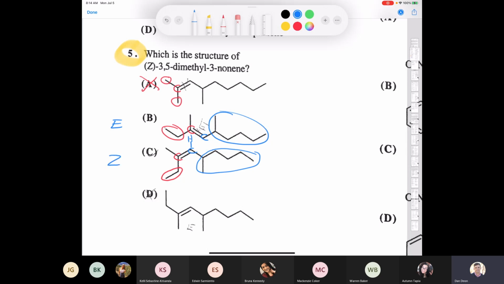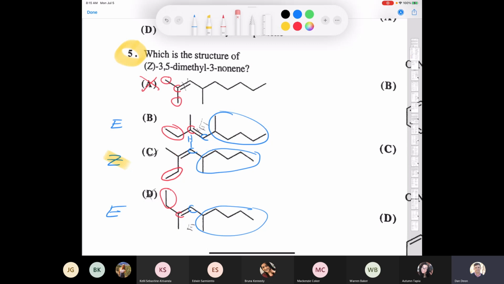And so this is a Z compound. But let's just take a quick peek at D, rather. On the first carbon, we have the ethyl, which is the higher priority. And then on the blue carbon, you have all this, which is on the opposite side. So this is an E alkene. So the answer has to be C, right? It's the only possibility.